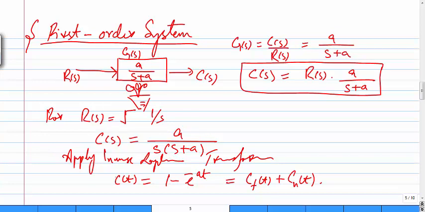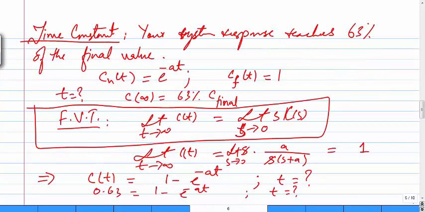I told you that you have to do the inverse Laplace so that you can look at the time response. So for time response we do the partial fraction and we get this result. Here we have one term because of the forced response, and the other, the exponential, is known as the natural response. This is the result for the first order inverse Laplace.